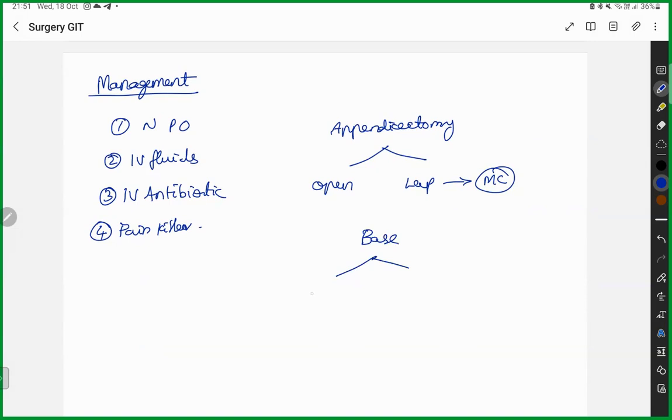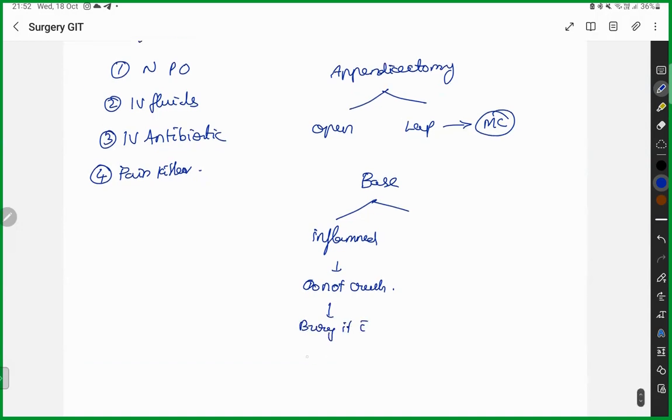Very important: if you are going for the surgery, look at the base. If it is inflamed, do not crush it. You are going to bury it with a purse string suture.